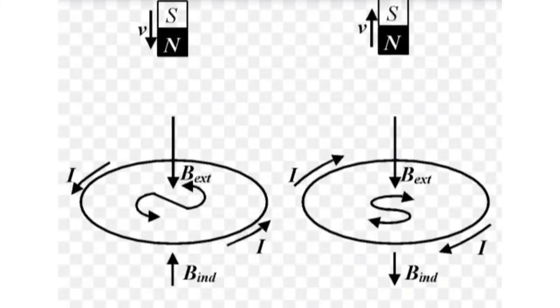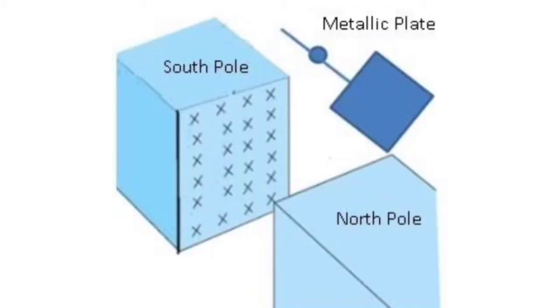By now we have learnt that a change in magnetic flux can induce current, and we have seen the example using a coil, and how current is induced in a coil. Now we are going to analyze what happens to a bulk piece of conductor when it is subjected to changing magnetic flux.